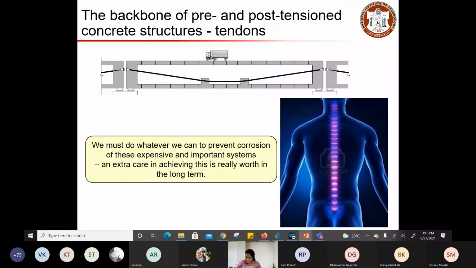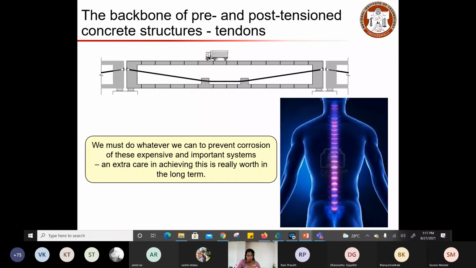If your strand gets damaged or corroded, then the stress level is going to be reduced significantly. Thus, the structural performance of the structure will be affected significantly. So it is very important to protect the system because it acts as the backbone of your structure. Tendons are the backbone of your structures, and you have to preserve them.